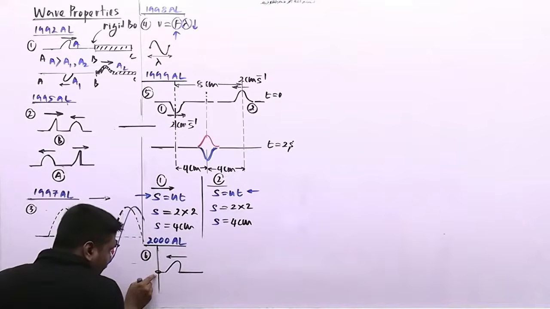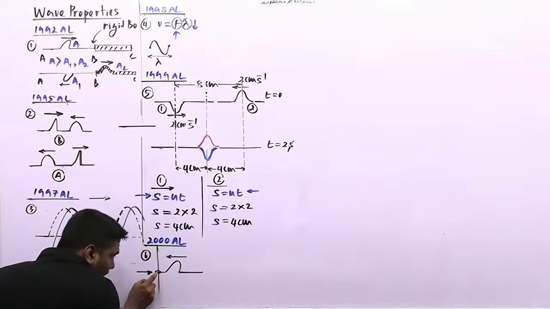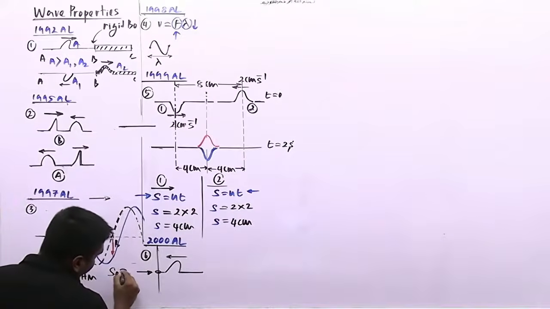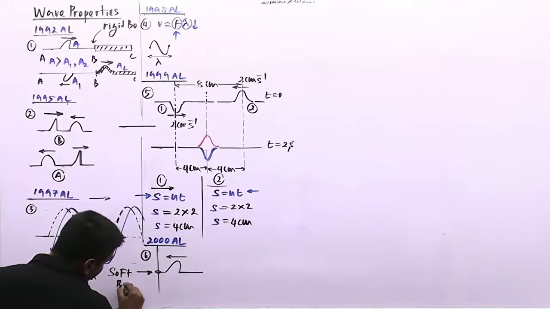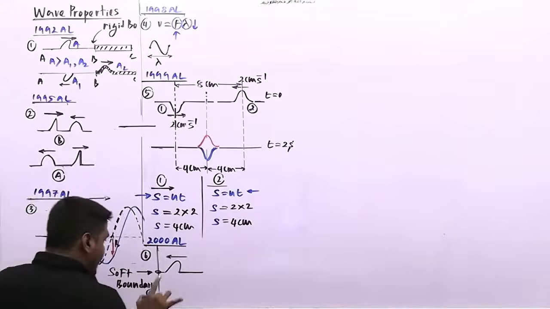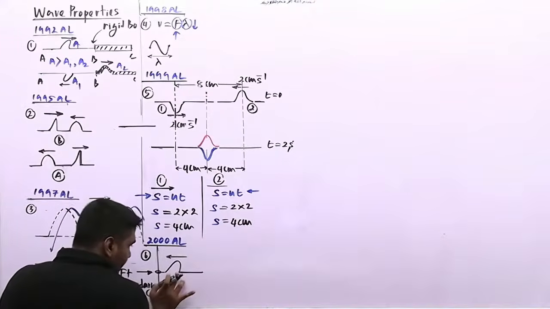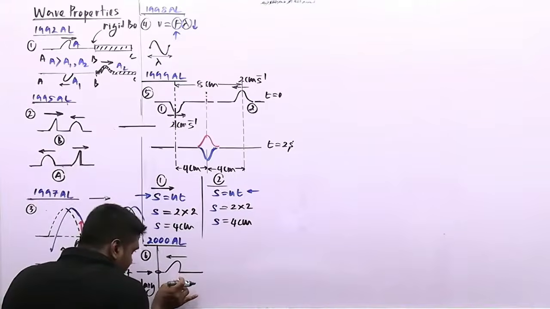This is the soft boundary, because the ring particles are able to vibrate freely up and down. Therefore, this end is a soft boundary. As a result, soft reflection occurs at this boundary. If I draw the reflected wave pulse, there won't be any 180-degree phase difference.